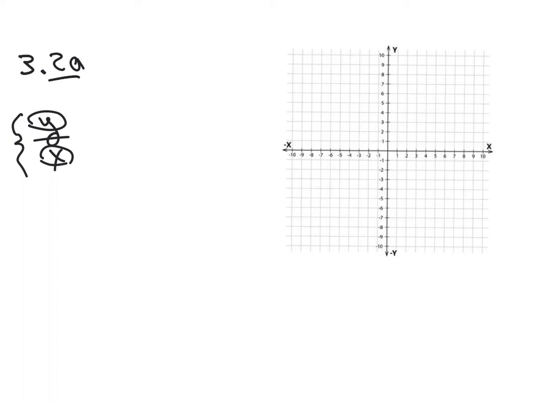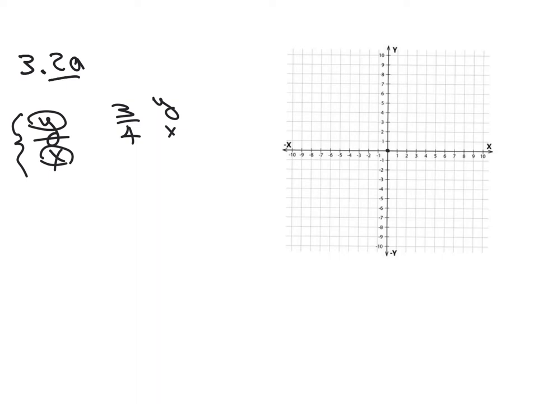If I have a slope of, let's say, 3/4, that means my ratio is 3 to 4, y over x. So my 3 represents y, my 4 represents x, always. The top number is the y, the bottom number is the x. Let's start at the origin.